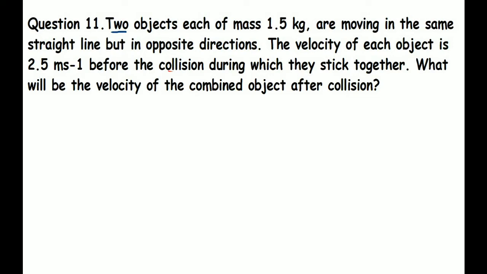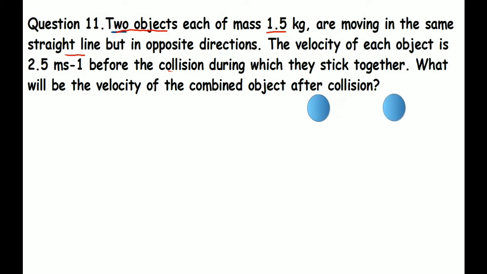You can solve it by yourself, very easy. In question number 11, two objects are given, student, with the same mass, moving in the same straight line. So over here we are reconstructing the situation.